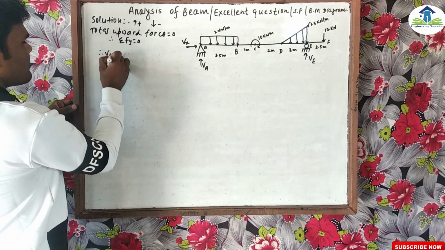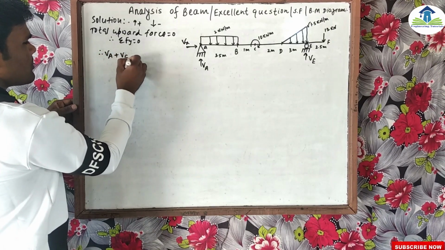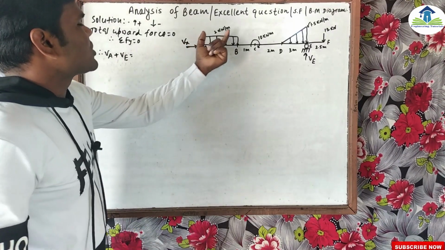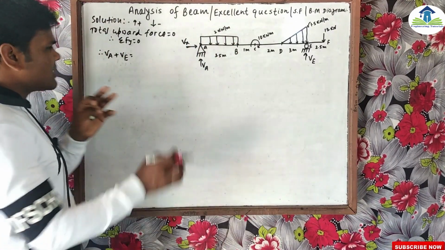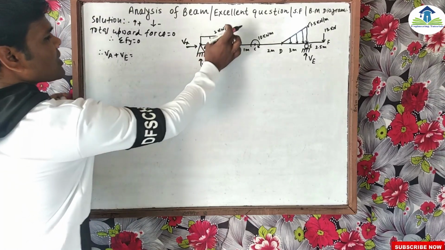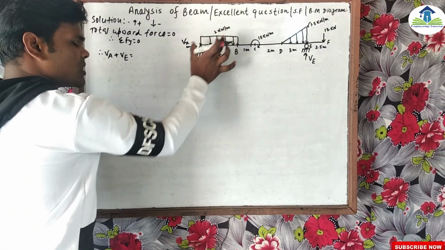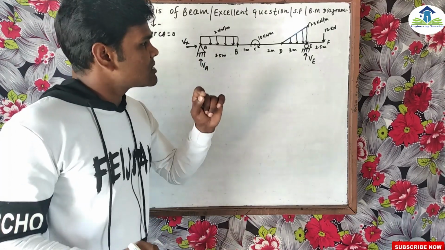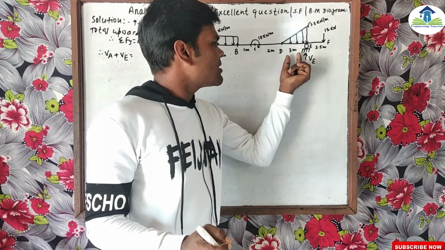VA plus VE, this is upward force, so I take it positive. Then the total downward force I take on the right portion. This is a UDL, and the UDL lies under 3.5 meters. Similarly the UVL lies over 3 meters.